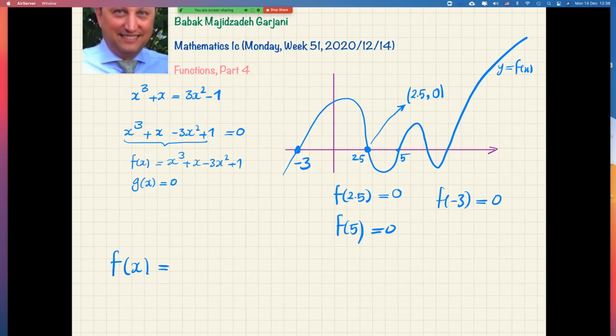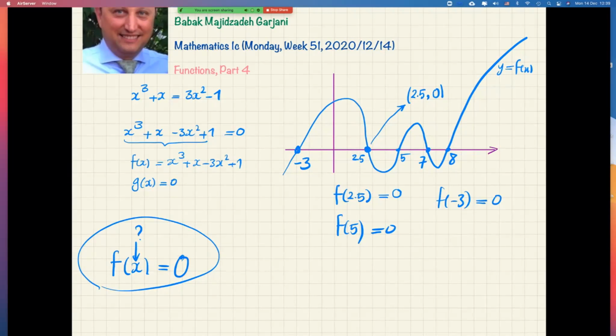So if I ask you how you solve this equation, f of x equals 0, how do you answer this question using the graph? For example, in this picture, let me give you numbers here. Assume that this is 7, this is 8. Now I am asking you the values of x so that f acting on them gives you 0.